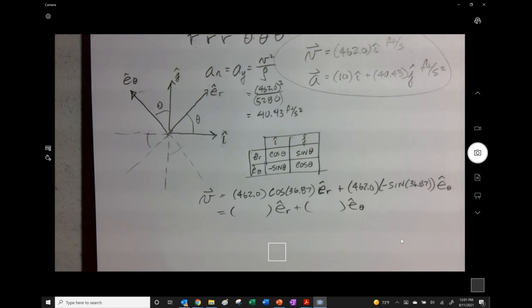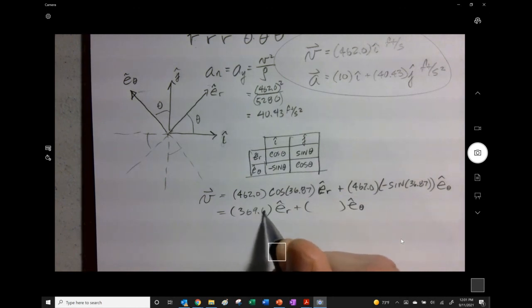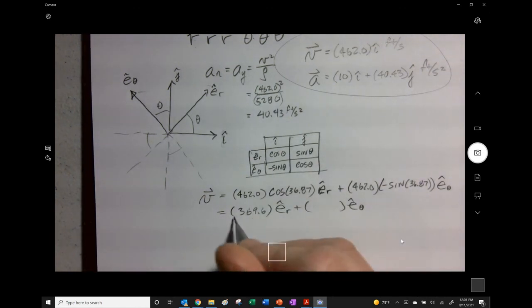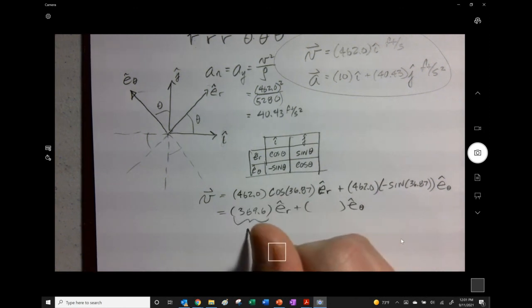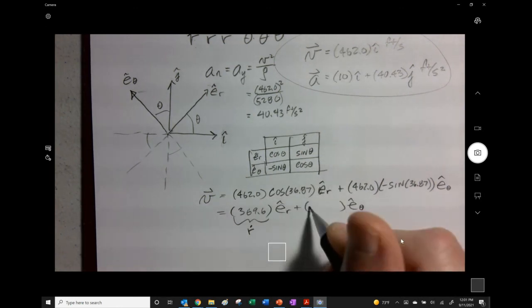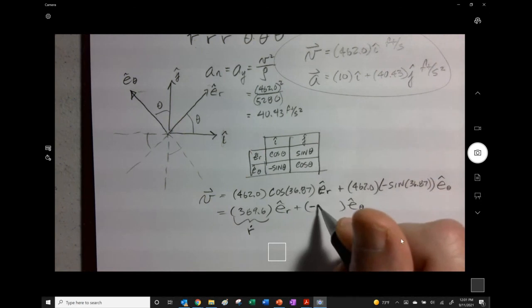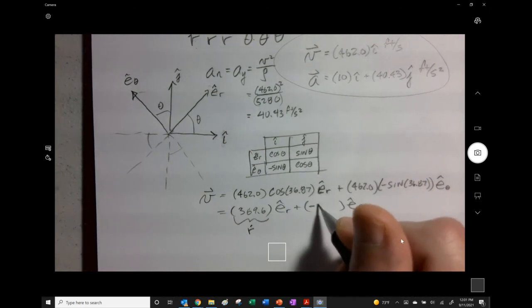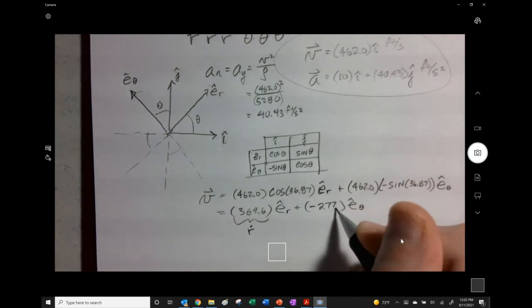Yes. So this ends up equaling 36.87, and of course this cosine is going to be 0.8. Multiply it by it, and you get 369.6, and it's positive. And we know that this right here is R dot. And the second one is like negative 277.2.